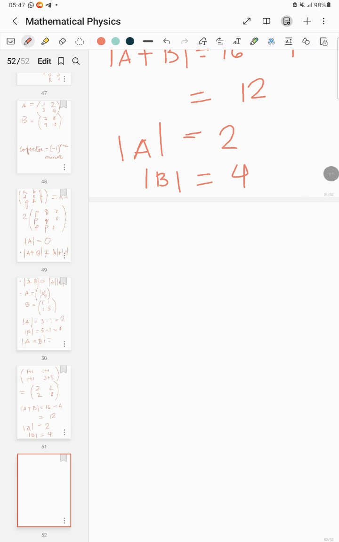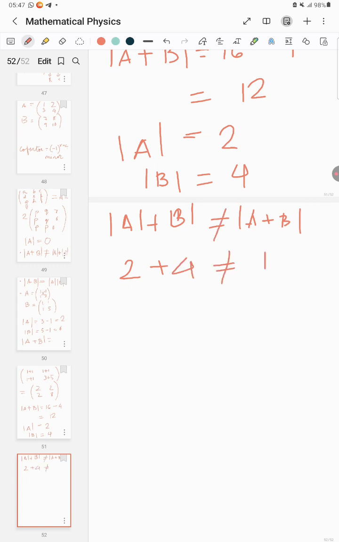So we can easily make out from this that determinant of A plus determinant of B is not equal to determinant of A plus B, because 2 plus 4 can never be equal to 12, right?